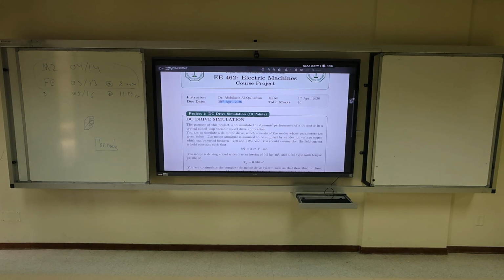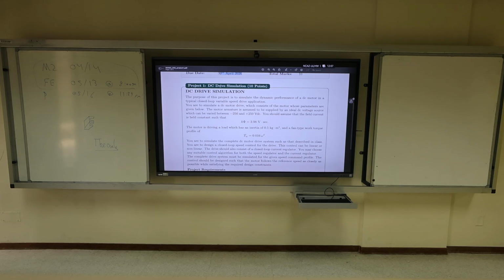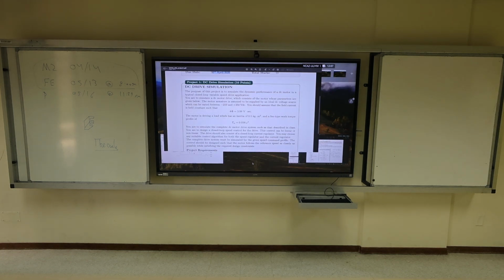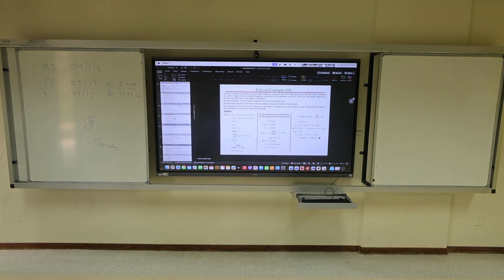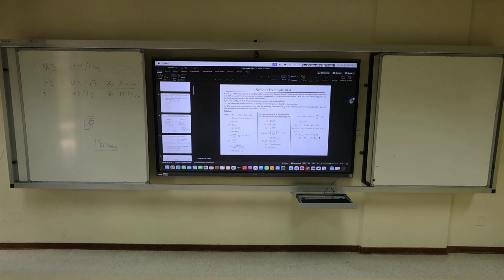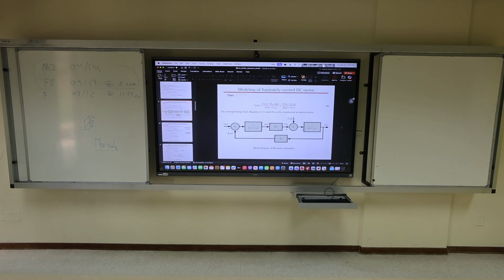So you have 2 options. Project 1, DC drive simulation. Let's go back to the slides. Do you remember last lecture we talked about this block diagram?